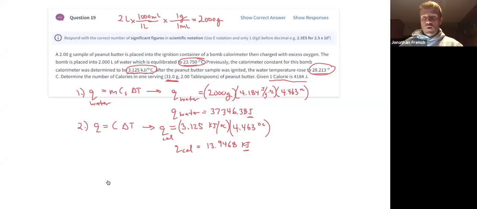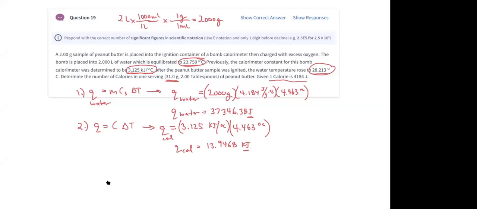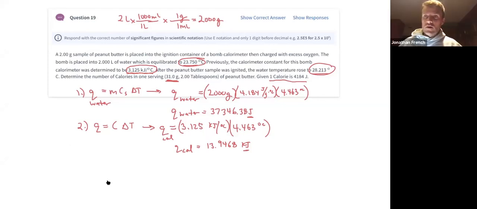Top Hat wanted 2 significant figures, 1.1, and that's what I said the answer was, but other people had thought it was 3 significant figures, so it was kind of a tricky answer.